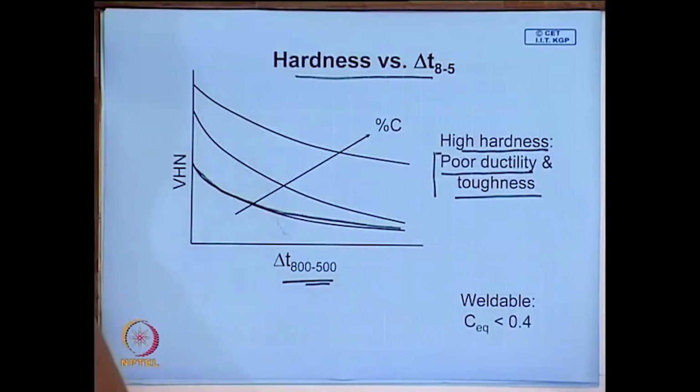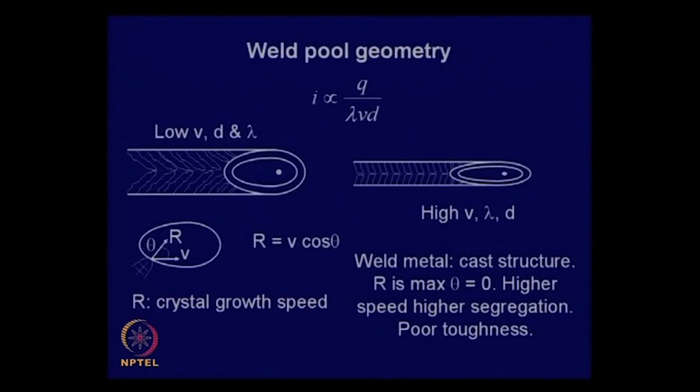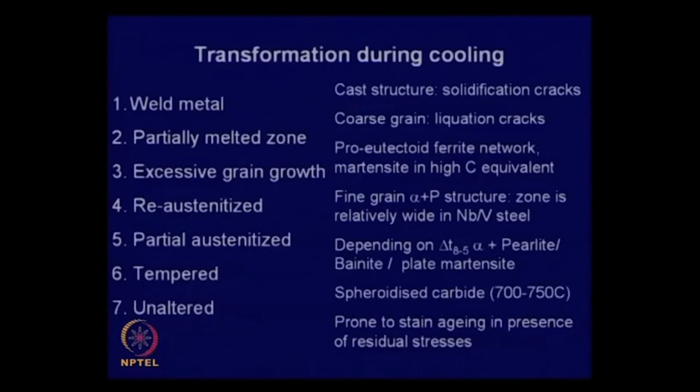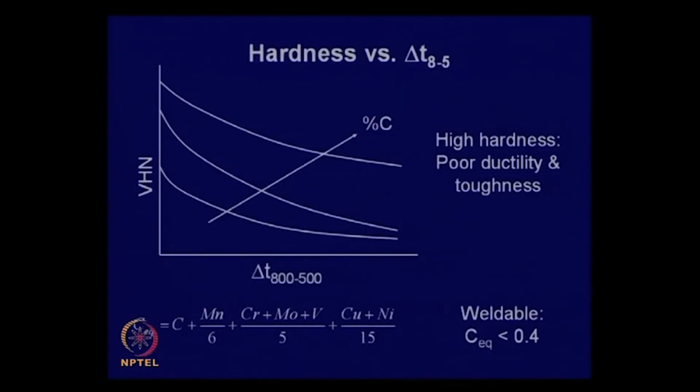And in fact, one of the ways of knowing this is to define the carbon content that you have, that is, the equivalent carbon content. Several such empirical expressions are there which give you carbon equivalent, and these involve different alloy elements, manganese, chromium, which are the common alloy elements added.